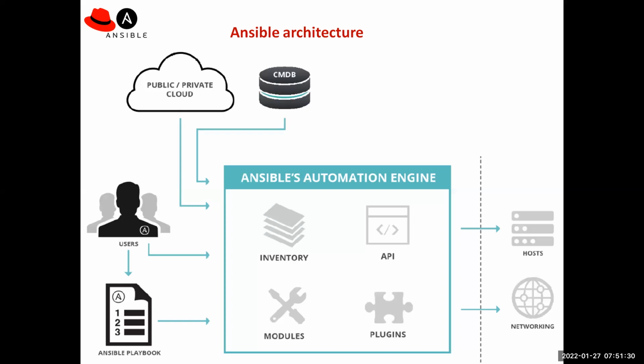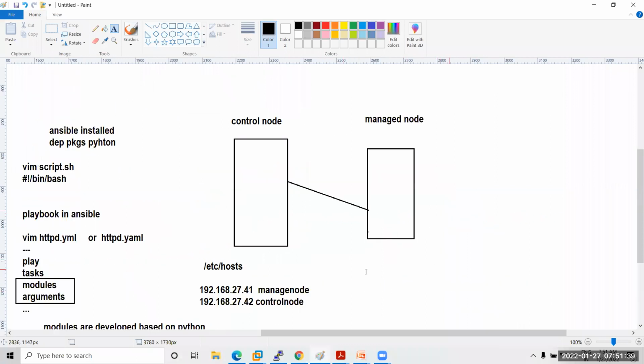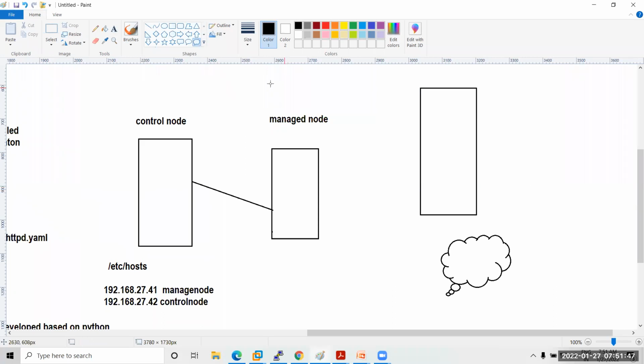And you can manage your host. That means it might be a single host in your data center. It can be a single machine, or it can be a group of servers in a rack, or it might be a cloud, or it might be a network device. Yes, or it might be a storage. Yes, everything you can manage.